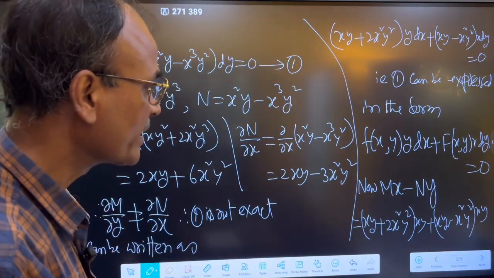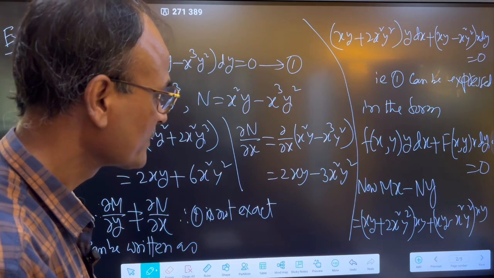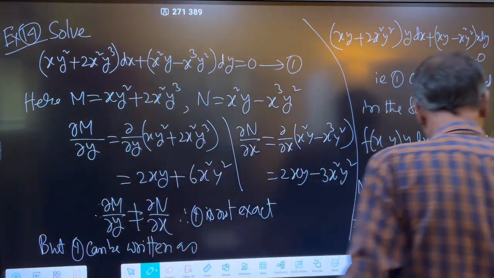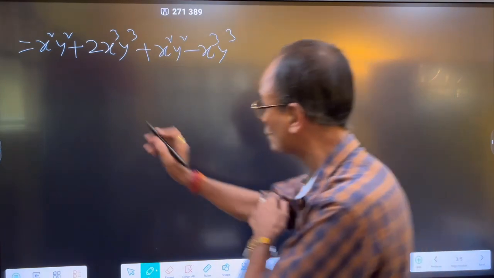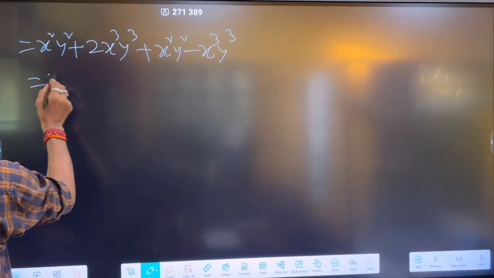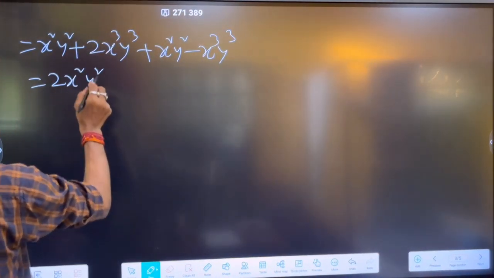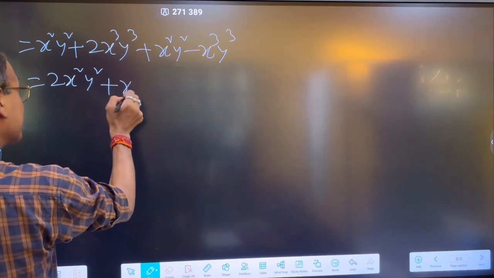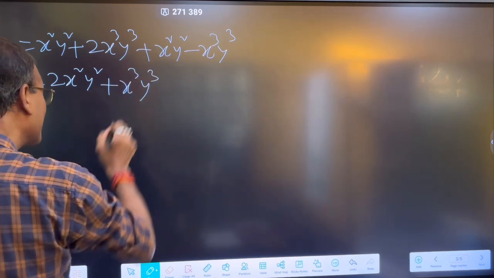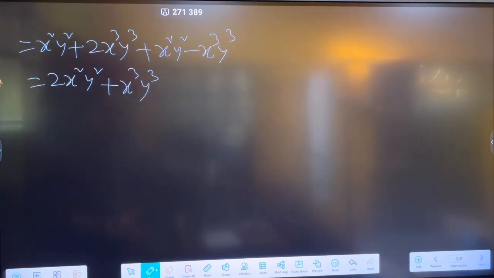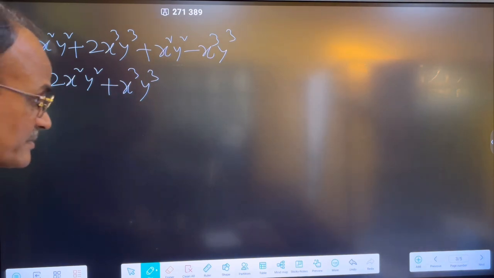This is equal to twice x square y square plus x cube y cube. Is it?